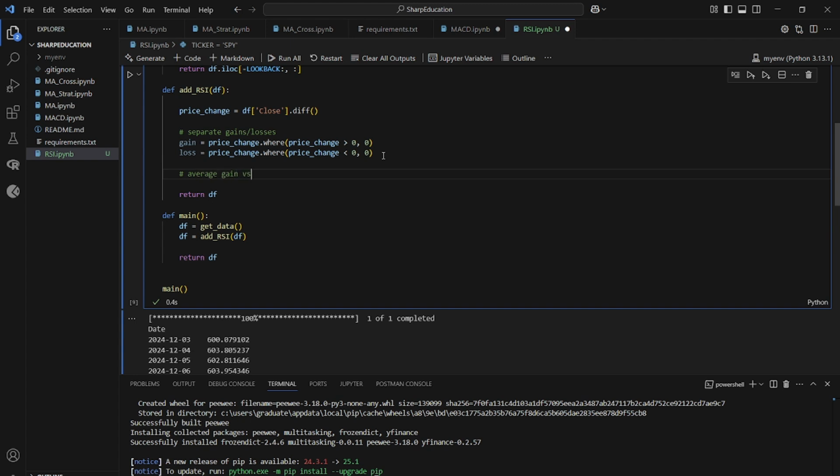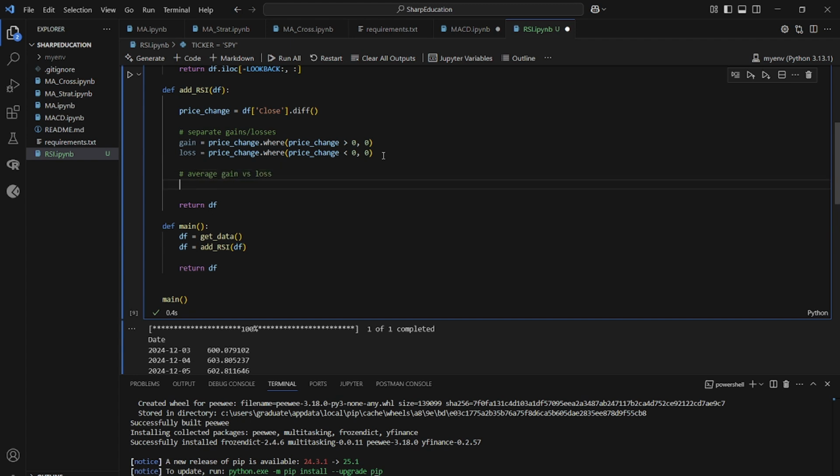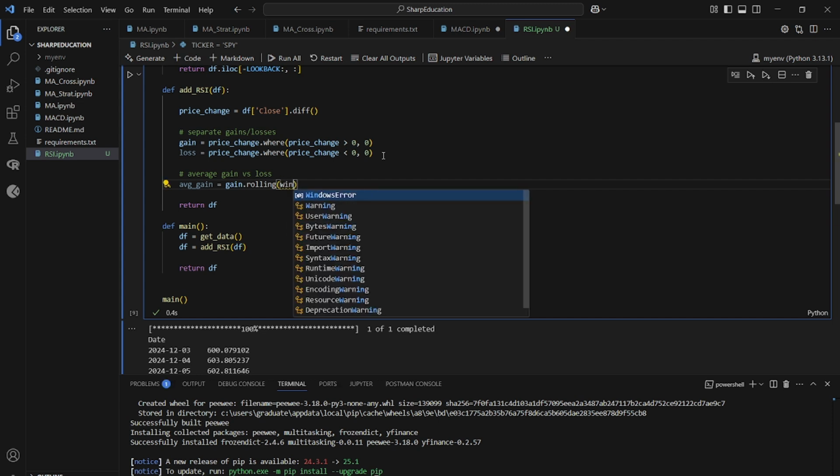Average gain versus loss. So the average gain is equal to gain dot rolling, and if you remember from our previous episodes, rolling just takes a moving average of any particular list of numbers or values that we give it. The window is what we use in the rolling function.